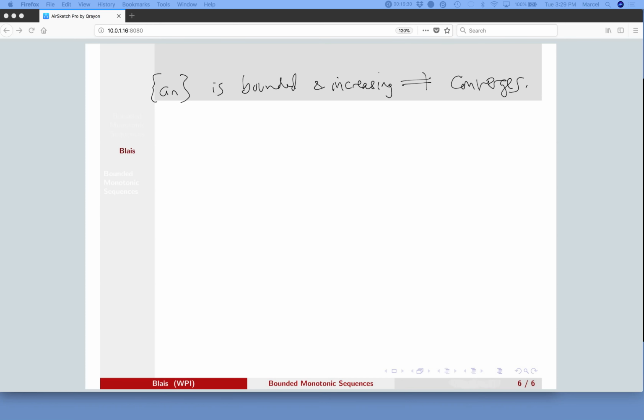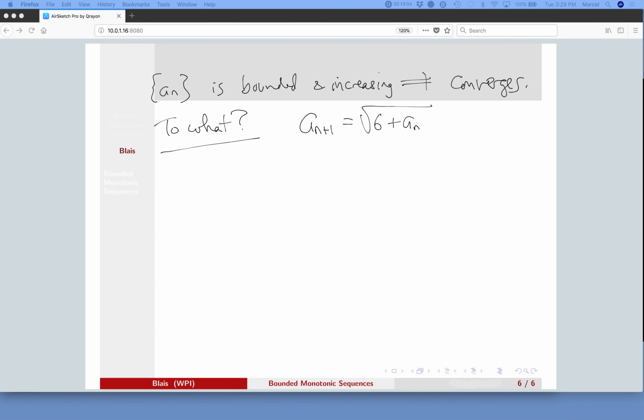Now, since it does converge, for these types of recursively defined sequences, we can often find the limit. So what does it converge to? Well, let's go back to the defining equation. So remember, we had a sub n plus 1 equals the square root of 6 plus a sub n.